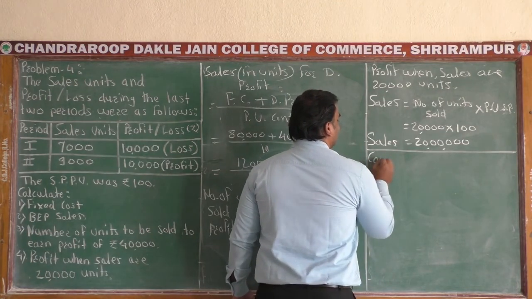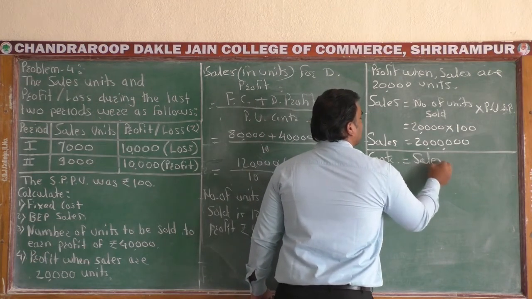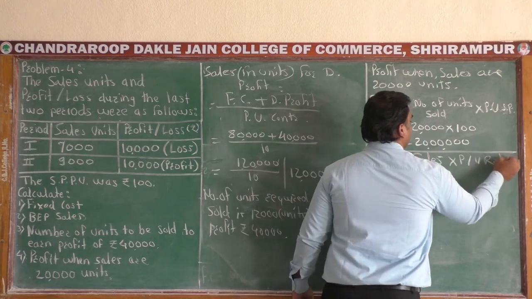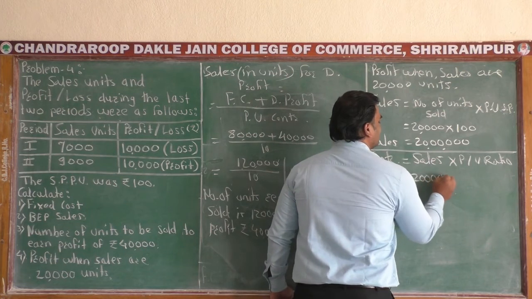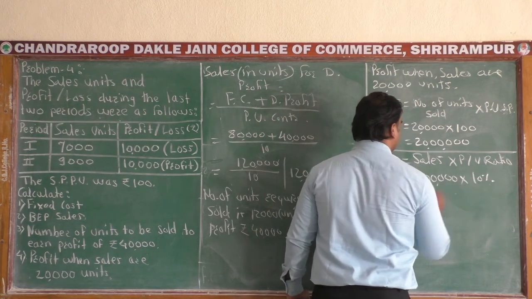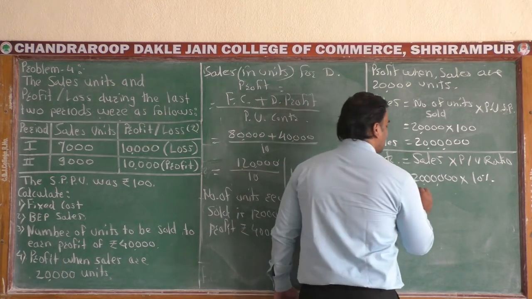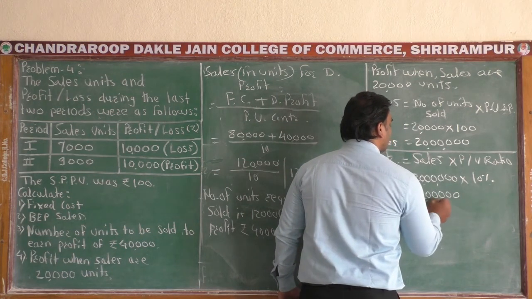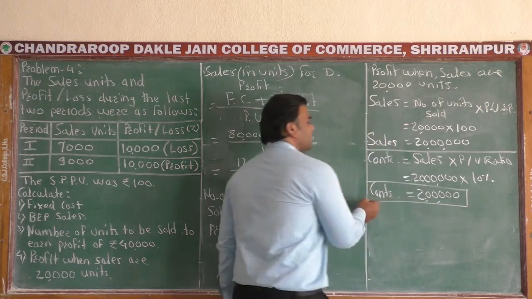So contribution is equal to sales into PV ratio. So sales 20 lakh into PV ratio 10%. So the contribution amount is 2 lakh. 10% of 20 lakh is 2 lakh.